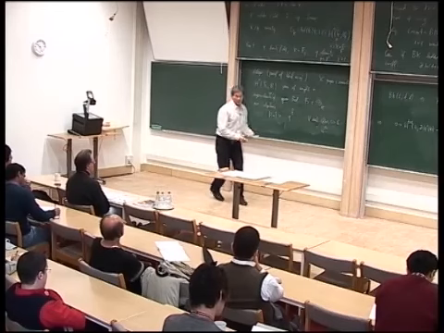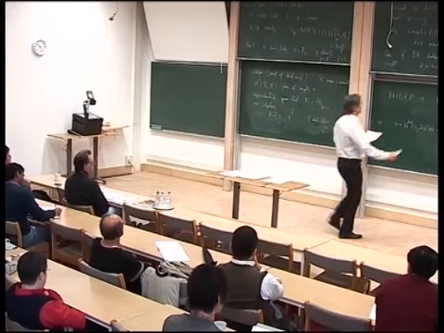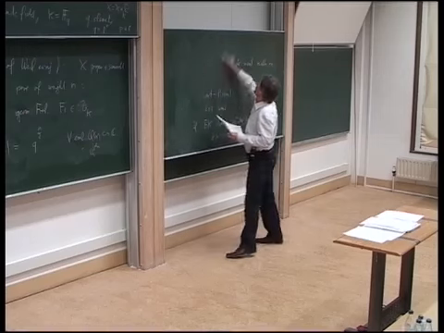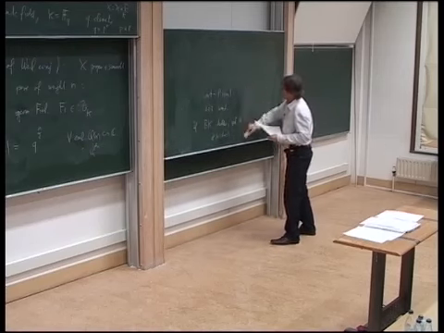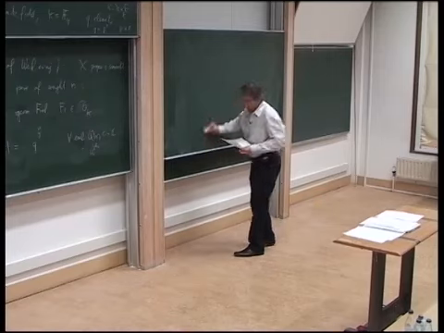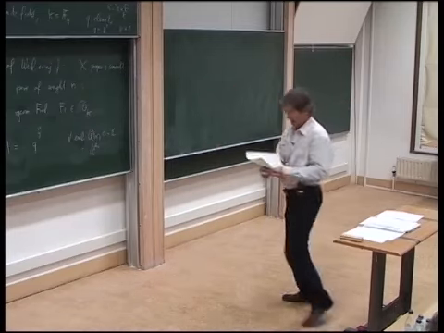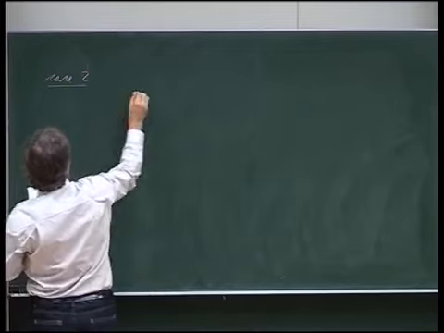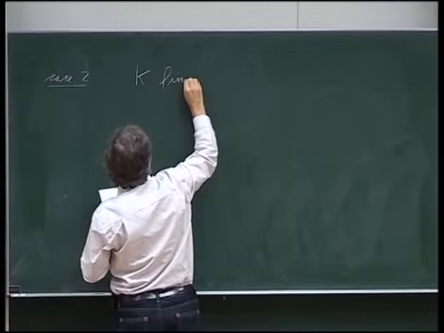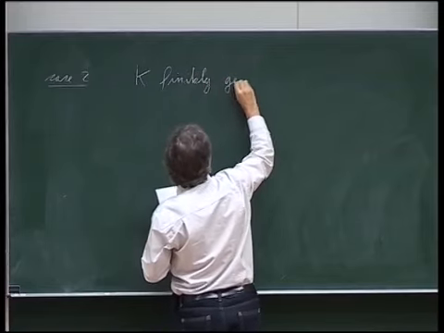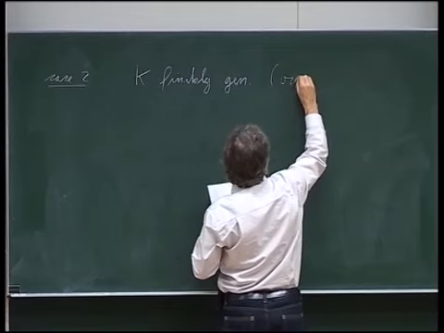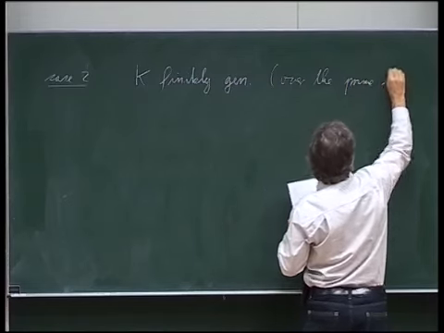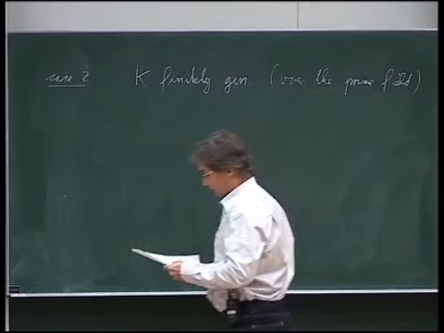So in general, if you are over a more general field, there's also a purity result. So case 2, K finitely generated, if you like, a finitely generated function field over the prime field, over Q or F_p.